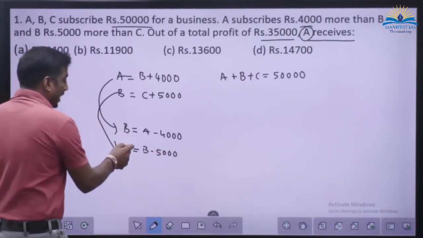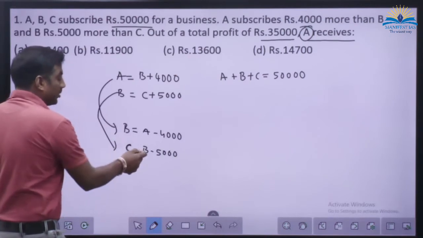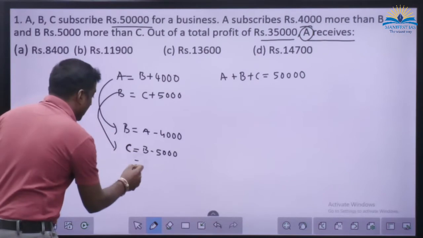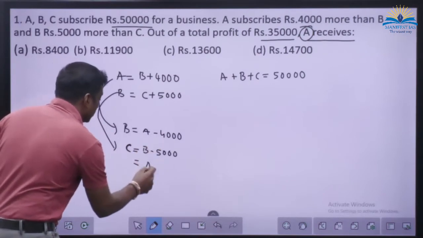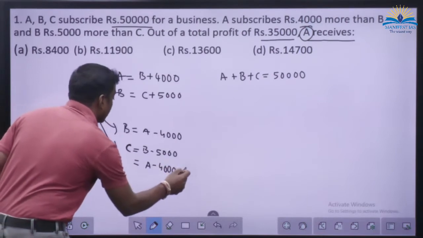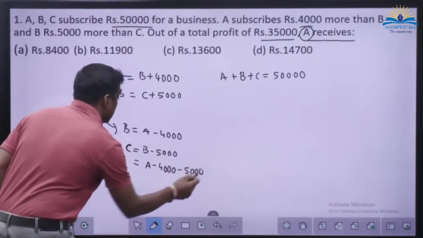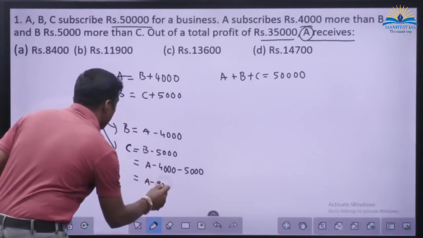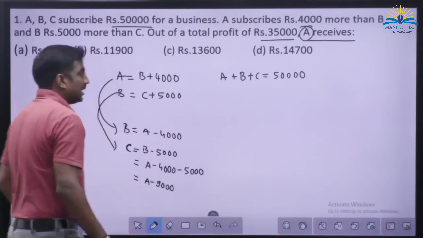Now, again, I cannot keep B here because I don't want B. So instead of B, again put A minus 4,000. Here, minus 5,000. So this is A minus 9,000.